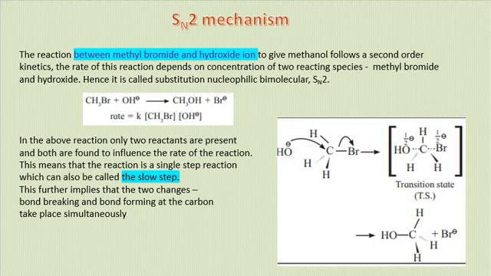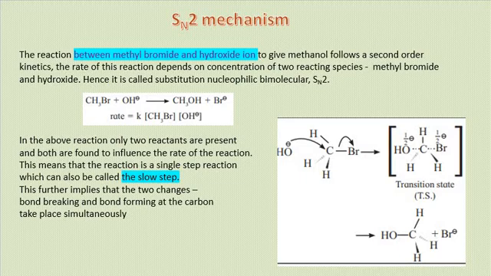In the above reaction, the two reactants you are seeing are present and they are influencing the rate. This means that the reaction is going on at a moderate speed, that is why the speed could be calculated. That means two things in the reaction are happening simultaneously.